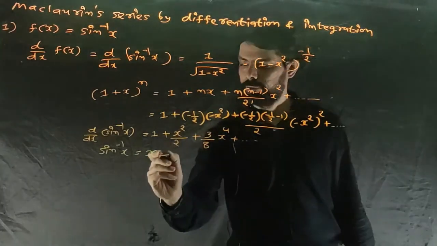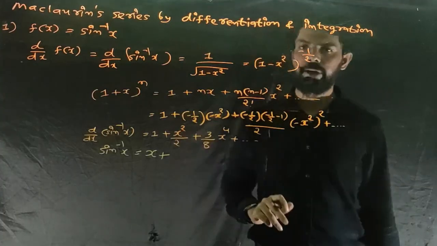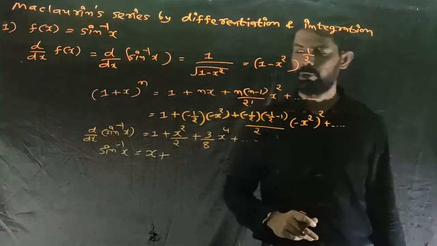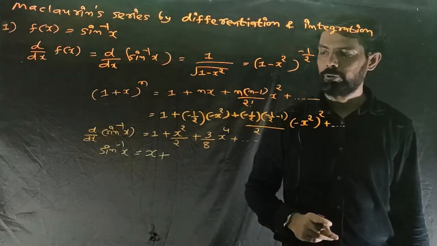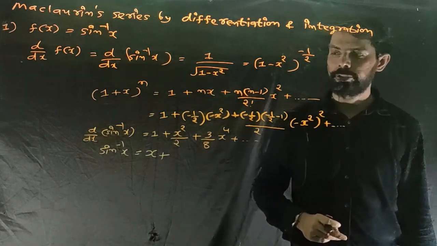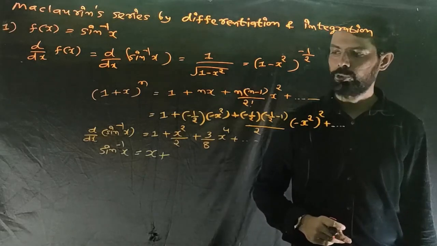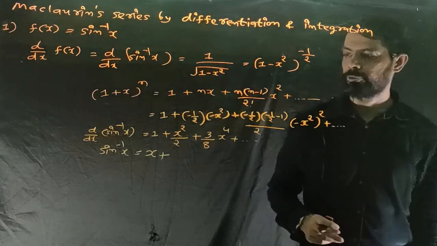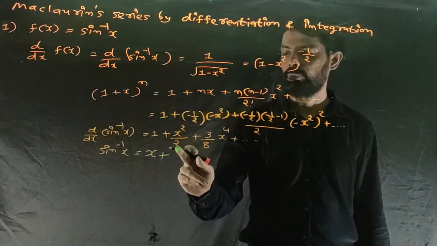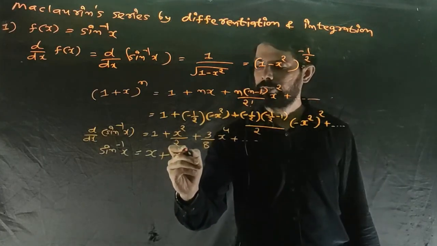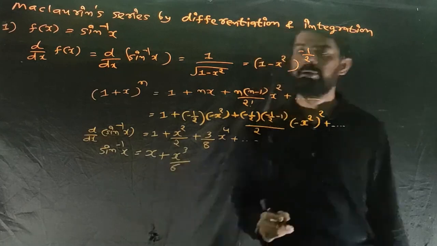Plus, the integration of x square is x cube divided by 3, because as we know the integration of x raised to n is x raised to n plus 1 divided by n plus 1. And here it is into 2, so it will be x cube divided by 6.